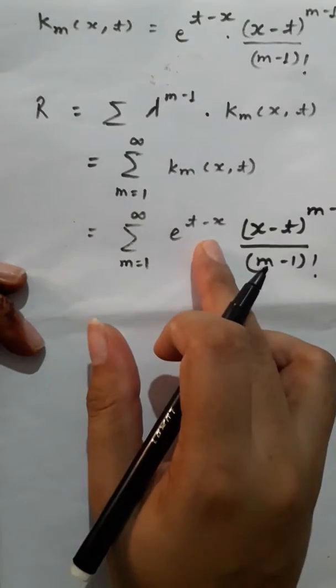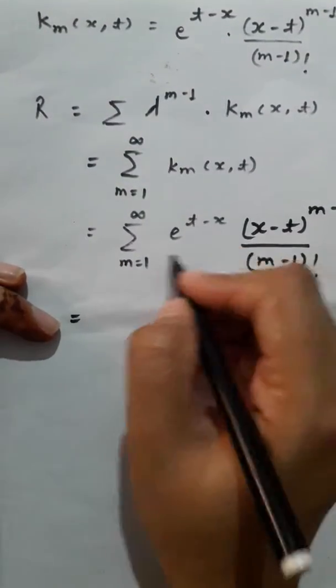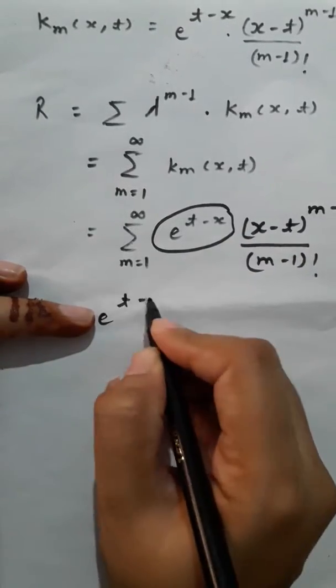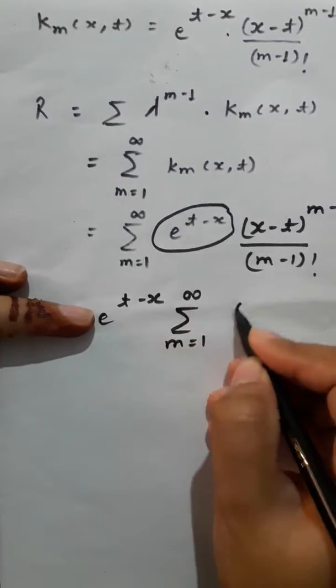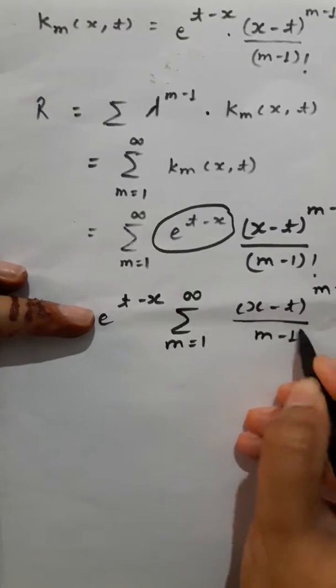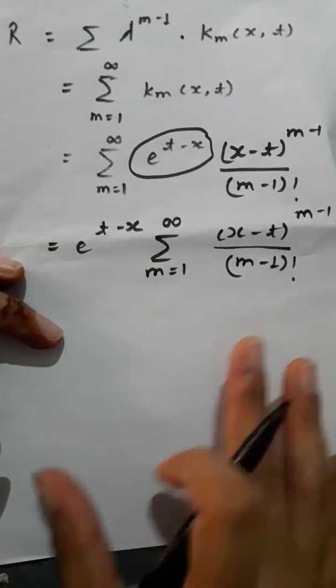So the e to the power t minus x term we can take outside the summation, right? Because m is not in this term. So I take e to the power t minus x outside. This will be summation m is equal to 1 to infinity (x minus t) to the power m minus 1 upon m minus 1 factorial. See, this is the formula for e to the power x.